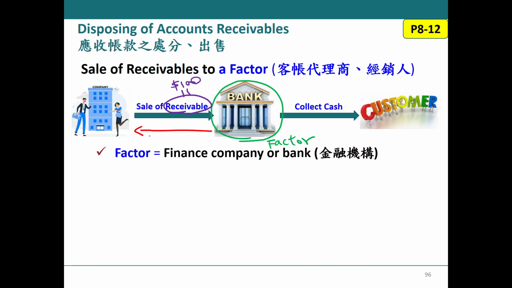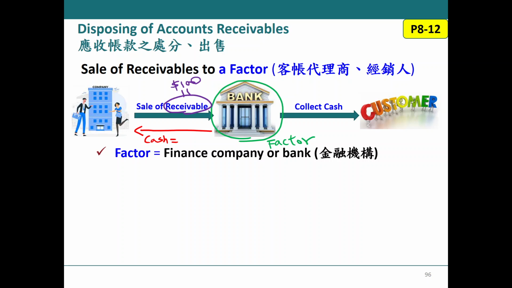So the bank pays you the cash. Could you tell me how much? 100? Higher than 100? Lower than 100? Your receivable is 100. You sell to the bank. You get $100 back. Then what can the bank get?